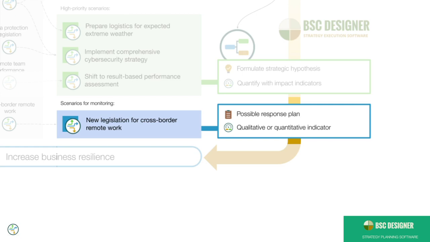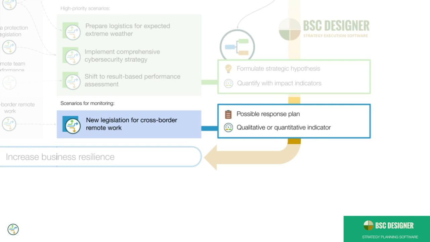What is our dependency on remote work? How would we ensure legal compliance in case new legislation is released? How are we going to ensure compliance from the viewpoint of cybersecurity and data privacy? The answers to these questions will form the possible response plan.